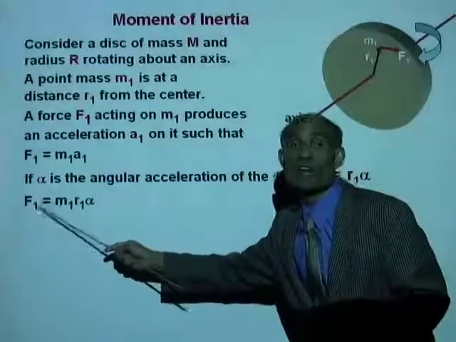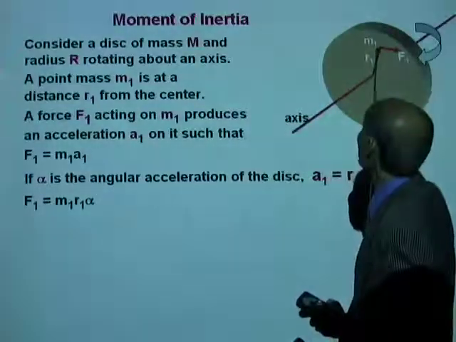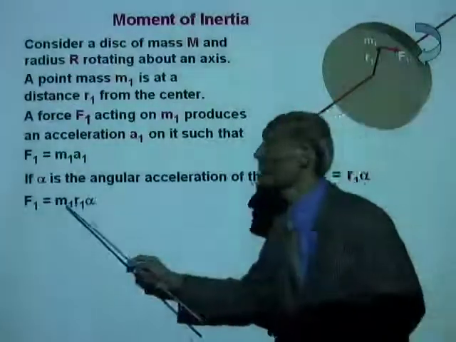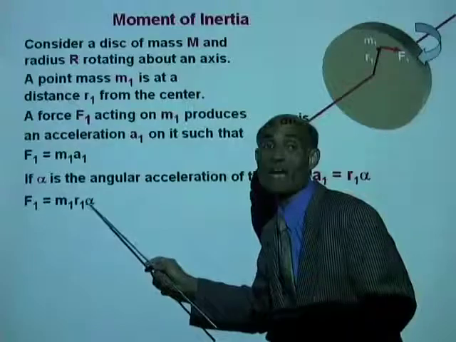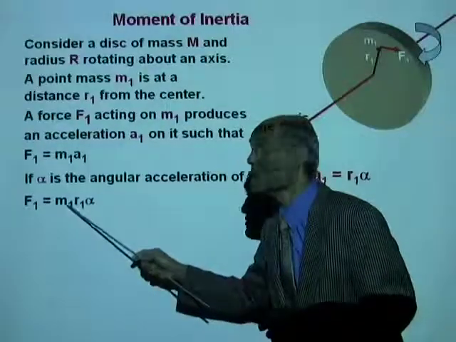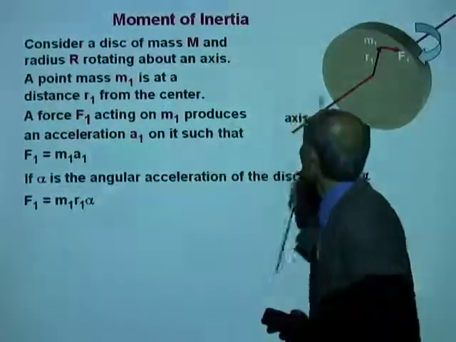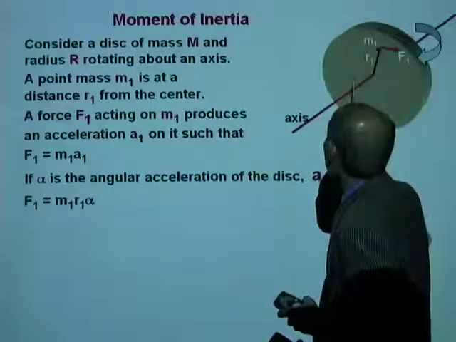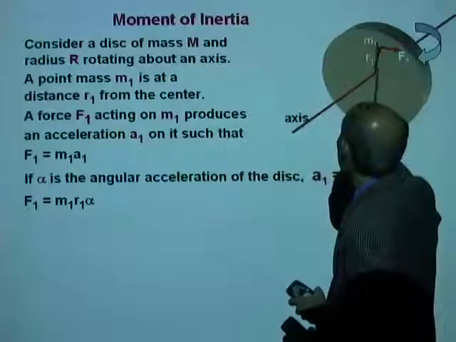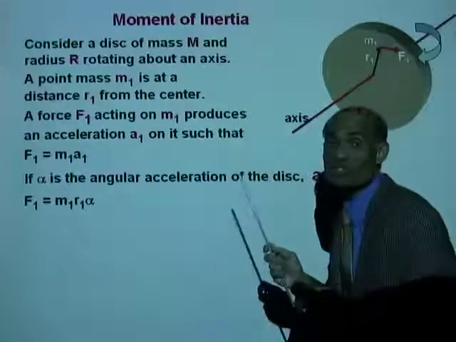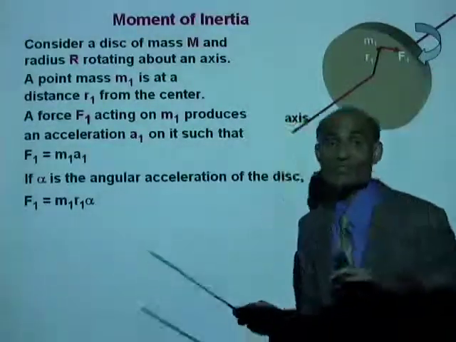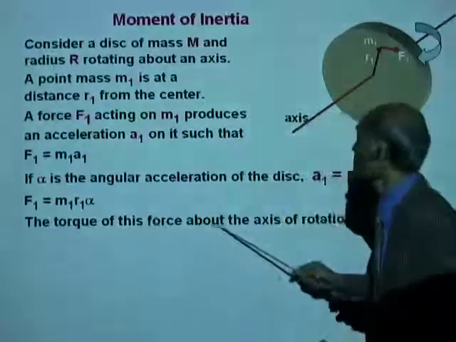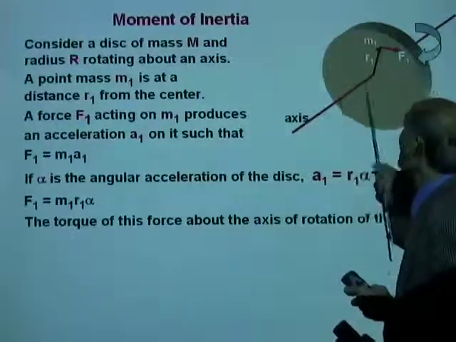Therefore, we can say F1, the force acting on this point particle, is m1 r1 alpha, where m1 is its mass, r1 is the distance of the point from the axis of rotation, and F, the force, is at right angles to that distance.